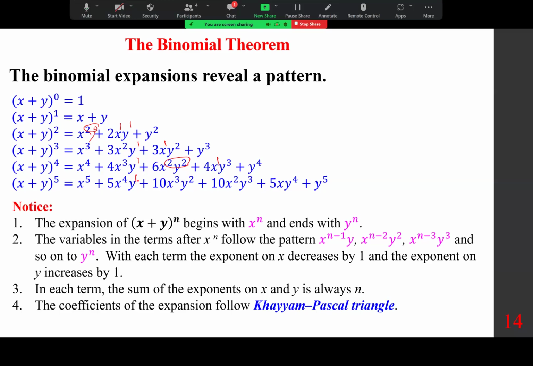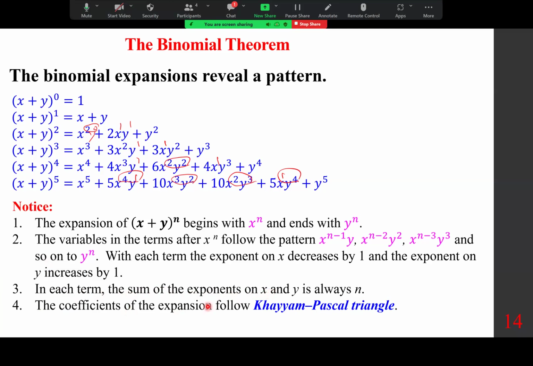They add up to 5. So that's important. In each term, the sum of the exponents on x and y is always n.